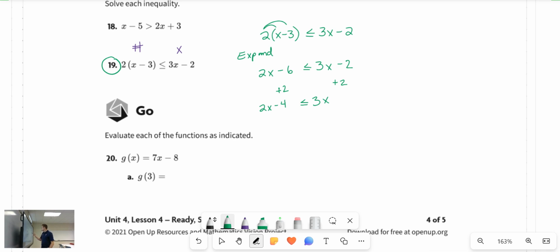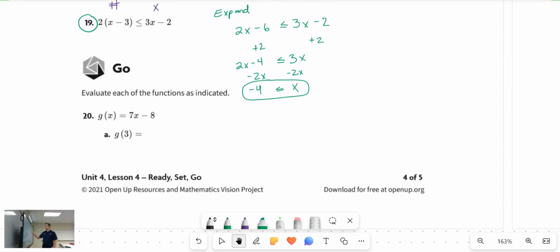And then we're going to subtract 2x from both sides. Negative 4 is less than or equal to just 1x, right? 3x minus 2x is just 1x. So negative 4 is less than or equal to x. All right, and that is our solution to number 19.